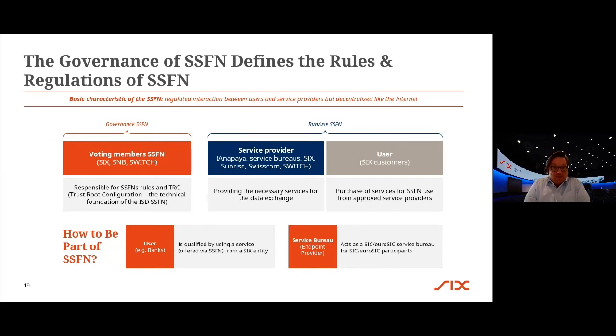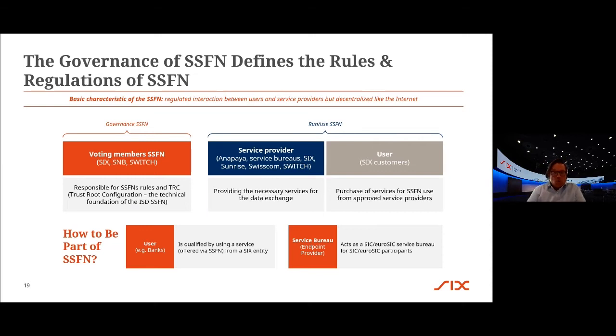And then we have the service providers, which are responsible for operating SSFN and which have to assure that we have a very reliable network without any failures. And of course, we have the users, which are offering services to the providers, and there are the banks which are using the services. And who can be part of SSFN?